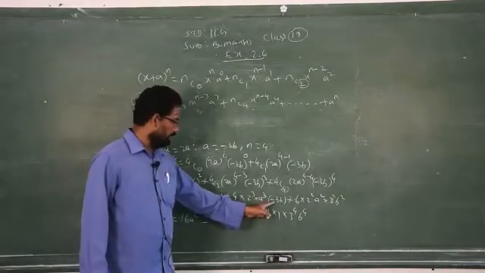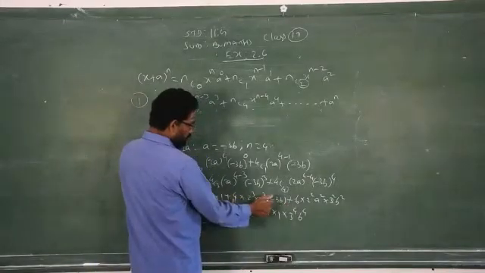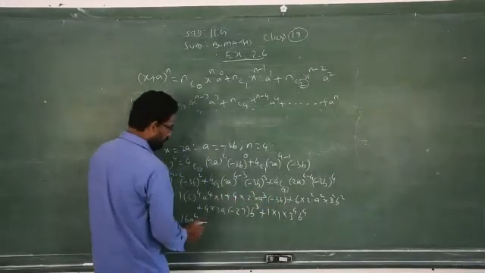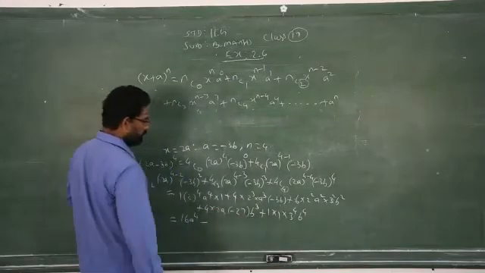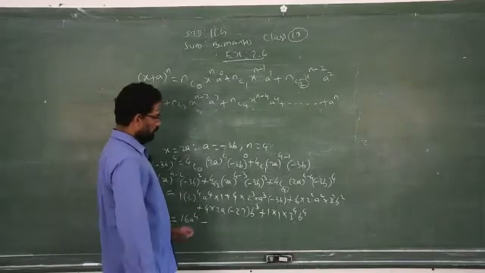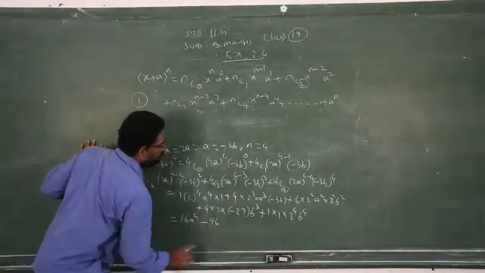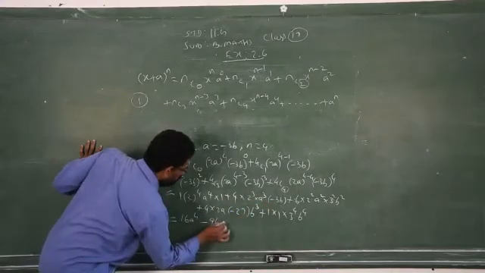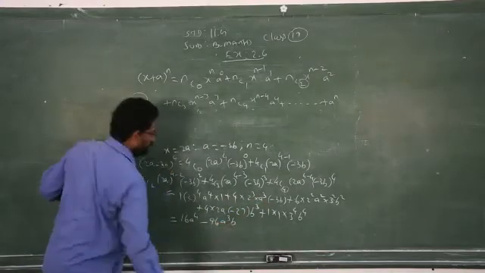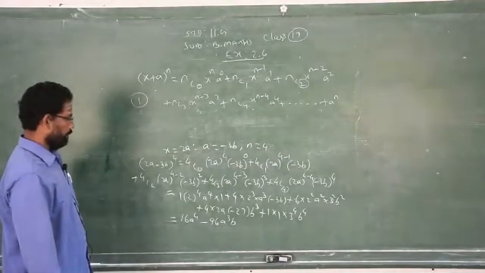This is one term in which you have plus and minus, so plus into minus is minus. 2 cube is 8, 4 eights are 32. 32 into 3 is 96. Then you write down the alphabets: a cube, b.